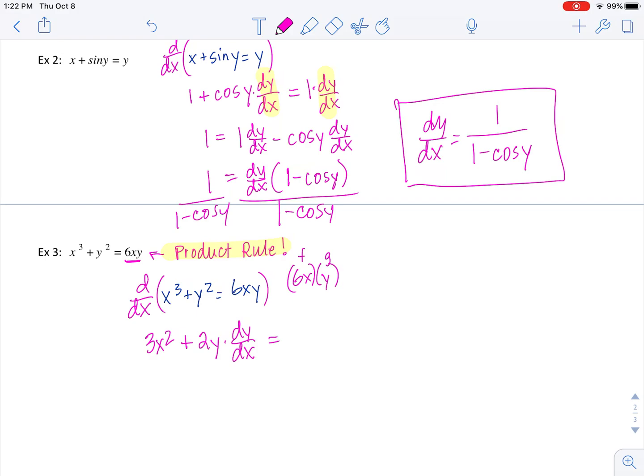So I'm going to take the derivative that way. It's the first function times the derivative of the second, and the derivative of y is just 1, but because it's a y and not an x, I have to put times dy/dx, plus the second function, which is y, times the derivative of 6x, which is just 6.